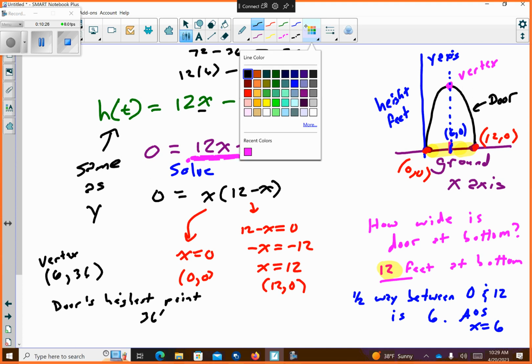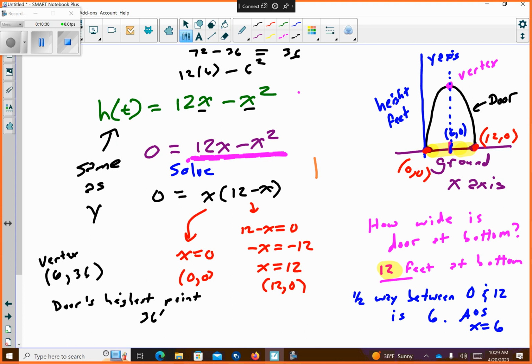So our store happened to get this big old box that's delivered, and this box is 8 feet wide, and it's 22 feet tall.